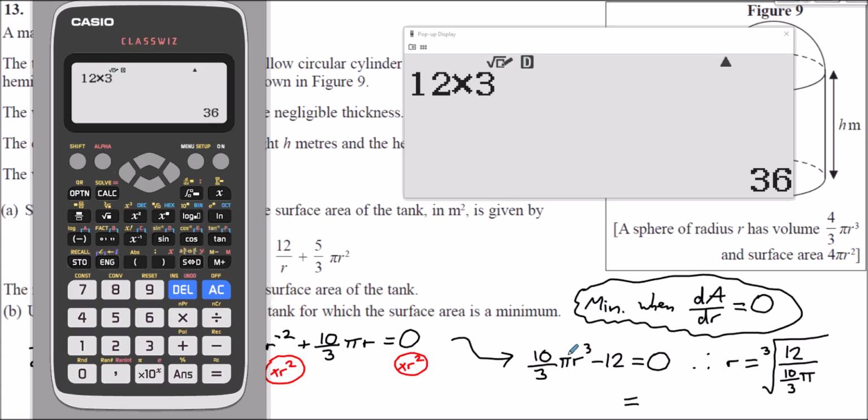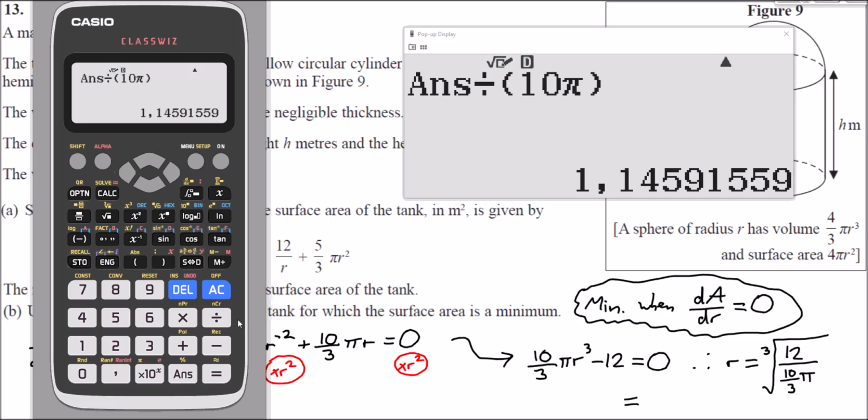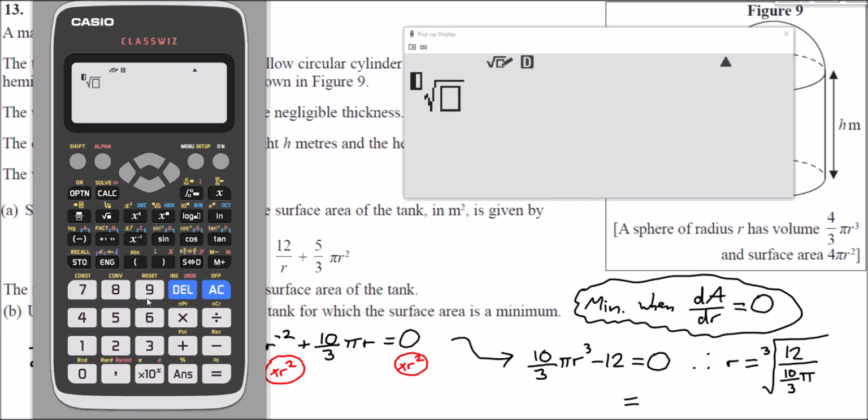Then I get 10 pi r cubed equals 36. Then if I divide by 10 pi, I get that, and then I need to cube root. And so shift cube root my answer.